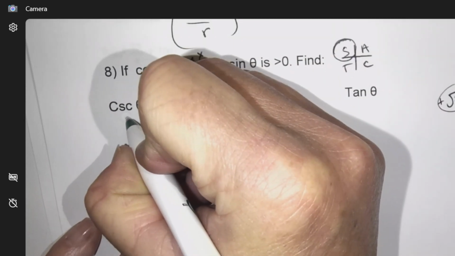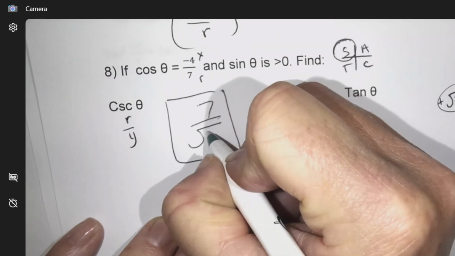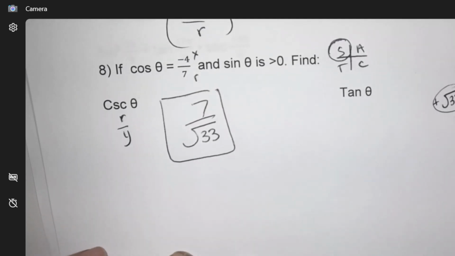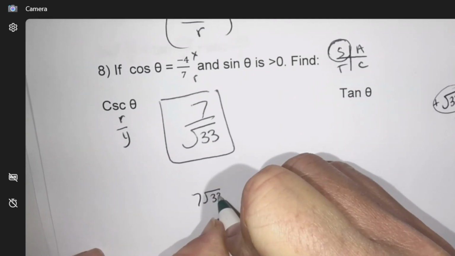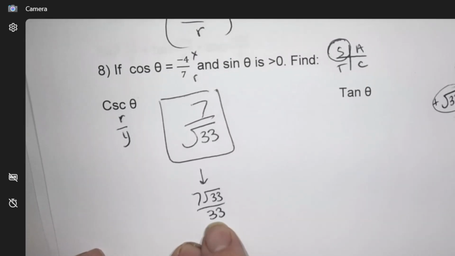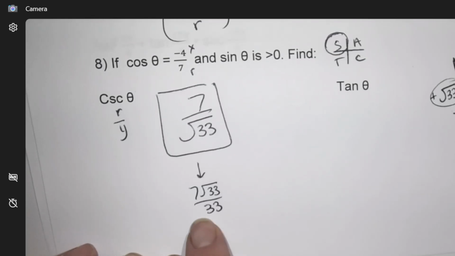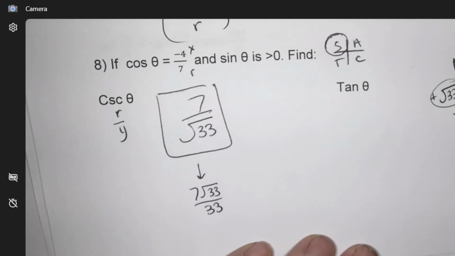Opposite of sine, so we're going to pick r over y. If you're writing it rationalized, that's also an answer. That's me timesing by root 33. But I would accept both.